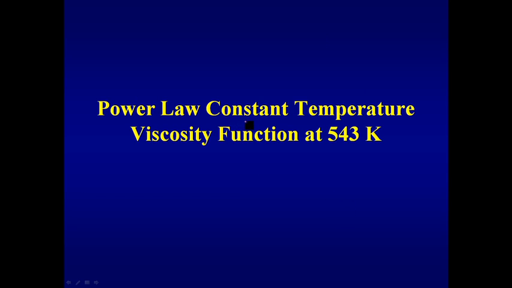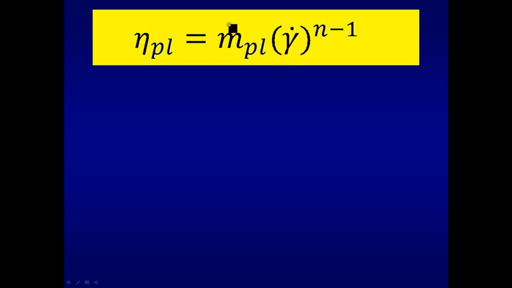Power law constant temperature and viscosity function at 543 K is more complicated since it's a function of shear rate. So the power law viscosity function has a constant and a slope.